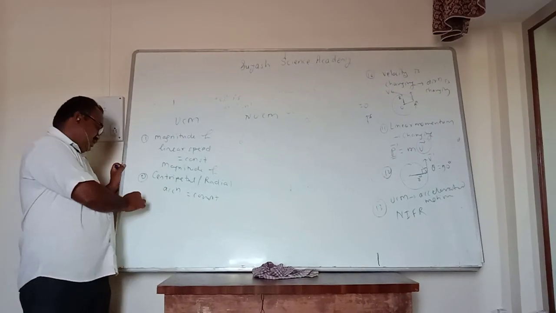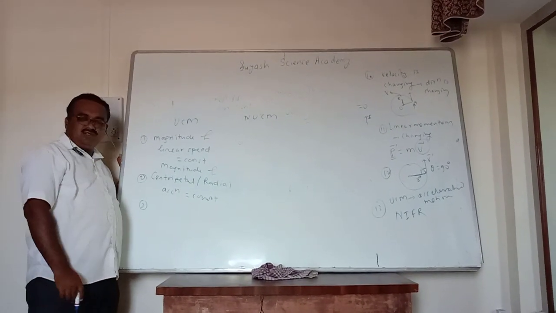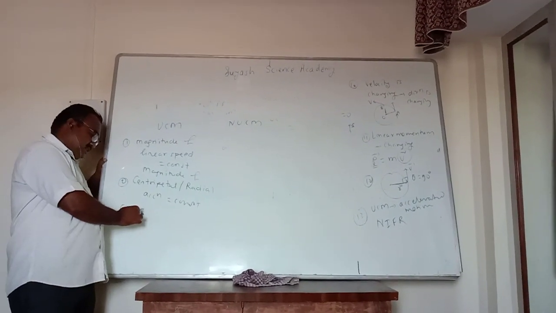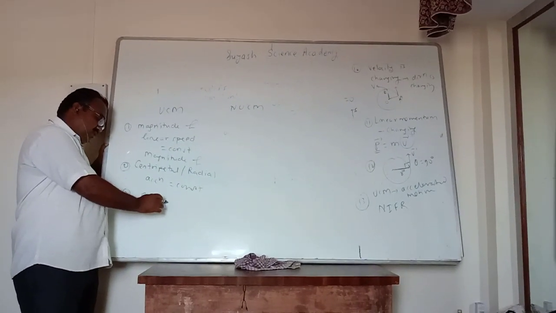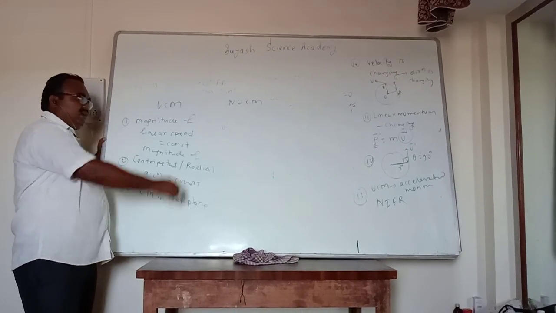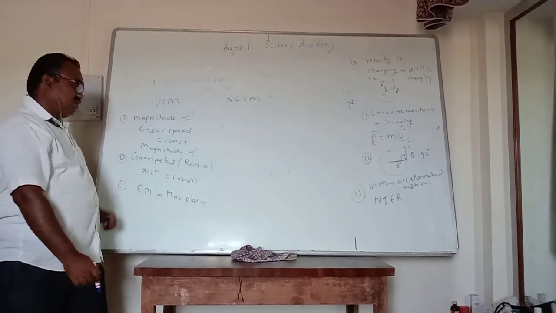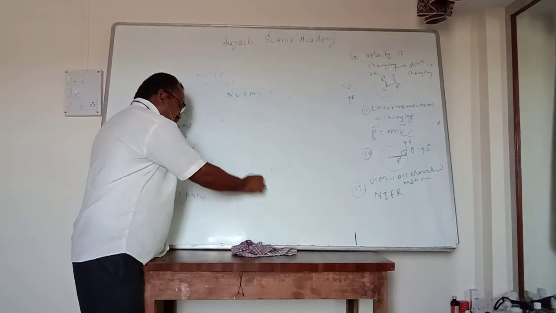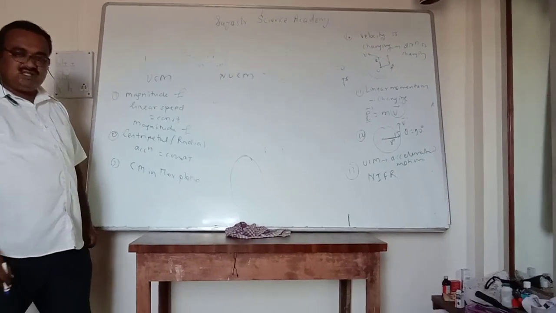The example of uniform circular motion is circular motion in the horizontal plane. An example of non-uniform circular motion is circular motion in the vertical plane.